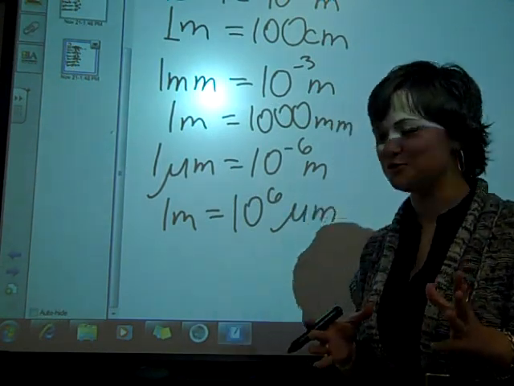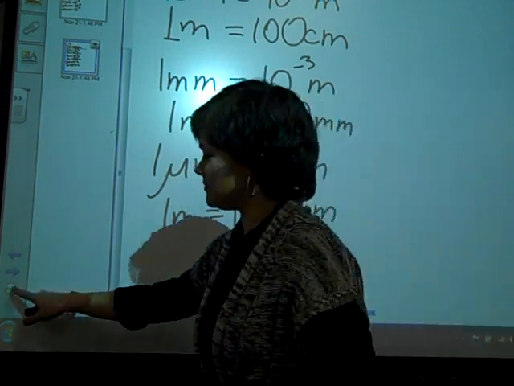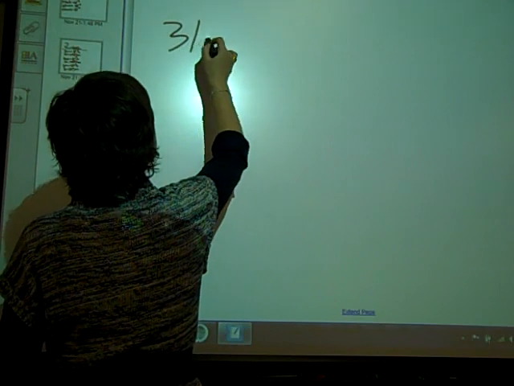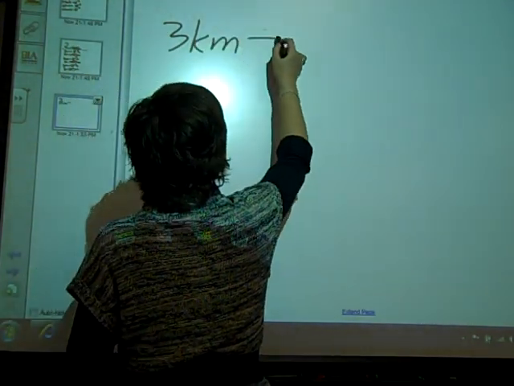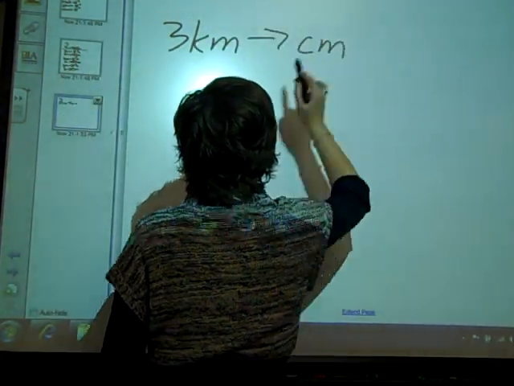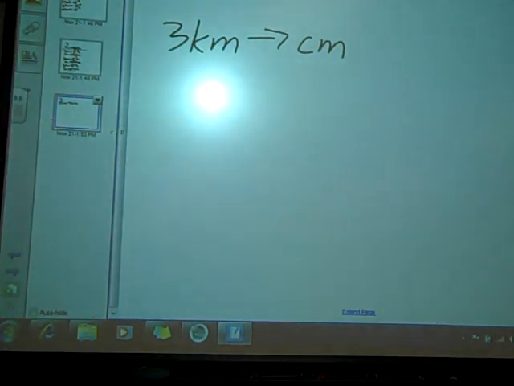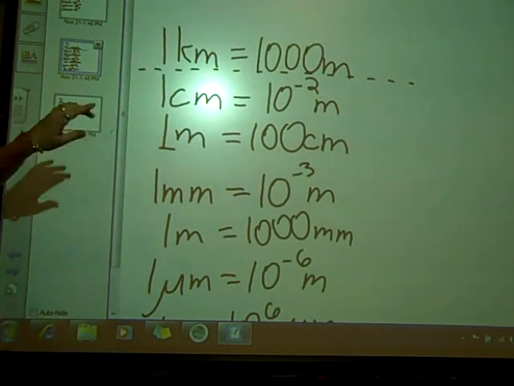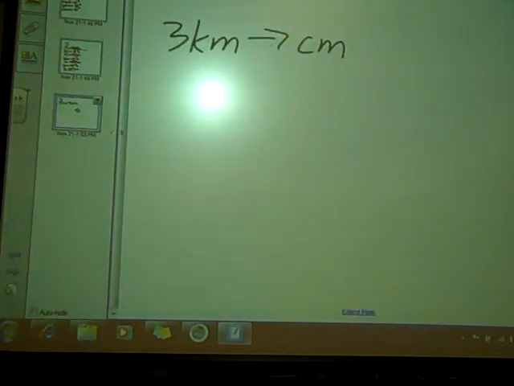Hopefully this isn't confusing you too badly. Let's do a quick example just to clarify. If I want to take kilometers to centimeters, and again, you can use any of the different ways that I wrote these conversion factors. Personally, I hate negative exponents, so I tend to avoid them at all costs. Another piece of advice I can grant would be to always go to your base unit.